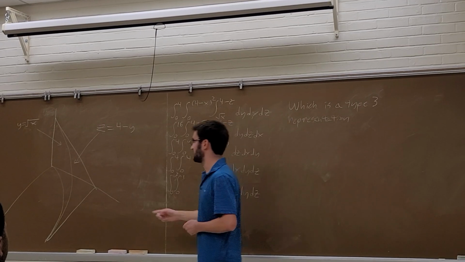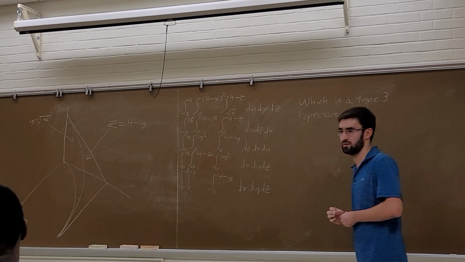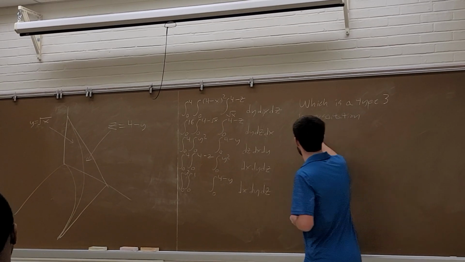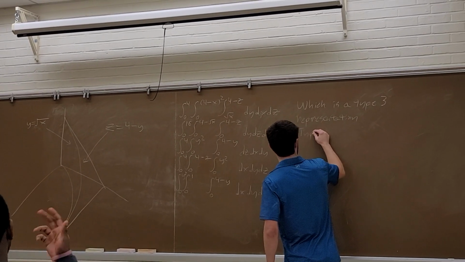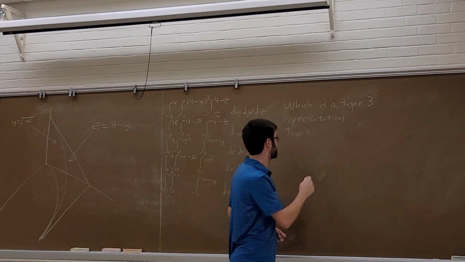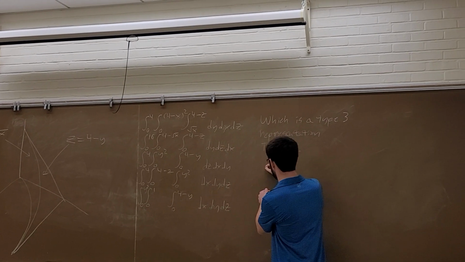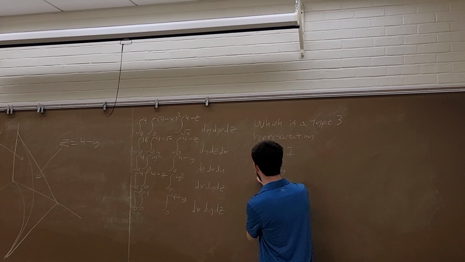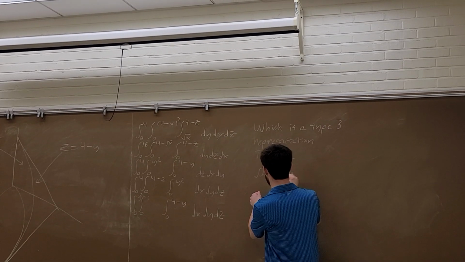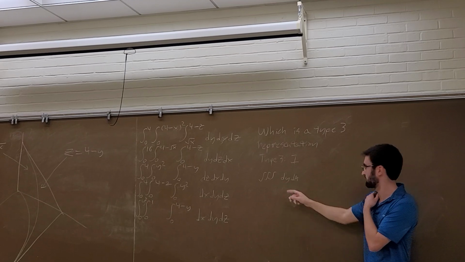Type 1 region was on the x-axis, type 2 was on the y. A type 3 representation means you do z last, I think, right? So for type 3, we have to integrate y first. So dy is going to be the first integral, and then we'll have 2 other integrals outside, but the point is for type 3, you have y as the first one.